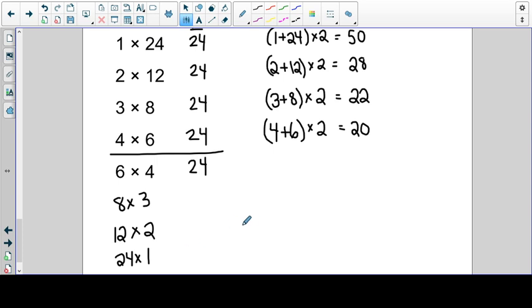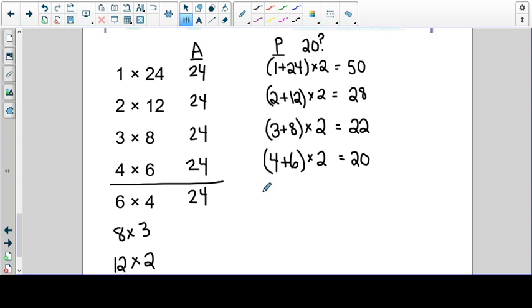So we really don't need to do these down here. But just to show you that we can have a different dimension, instead of a 4 by 6, we can go with a 6 by 4. Same rectangle, just rotated. We still end up with a perimeter of 20. So 6 plus 4, or 4 plus 6.